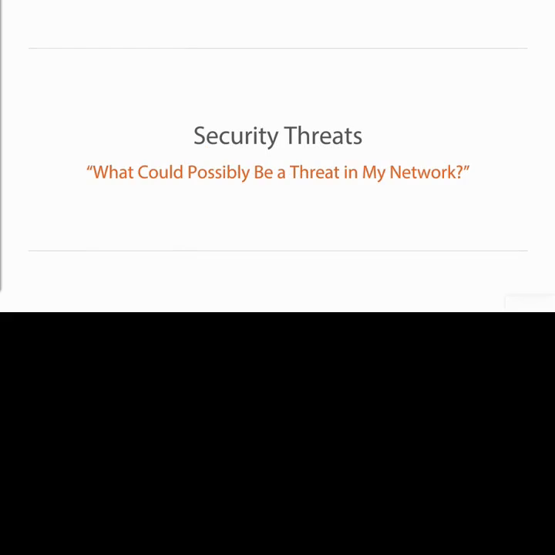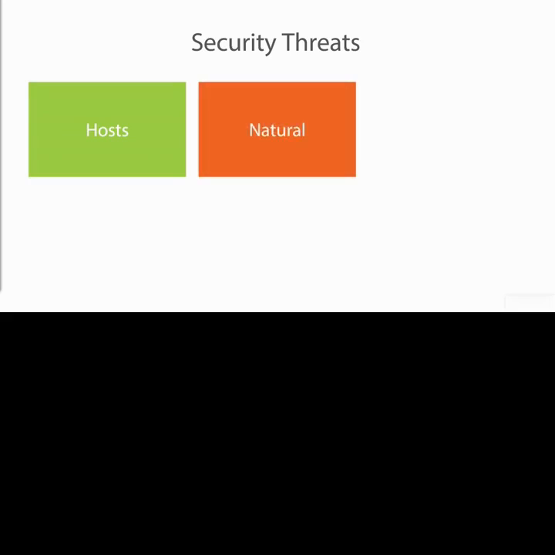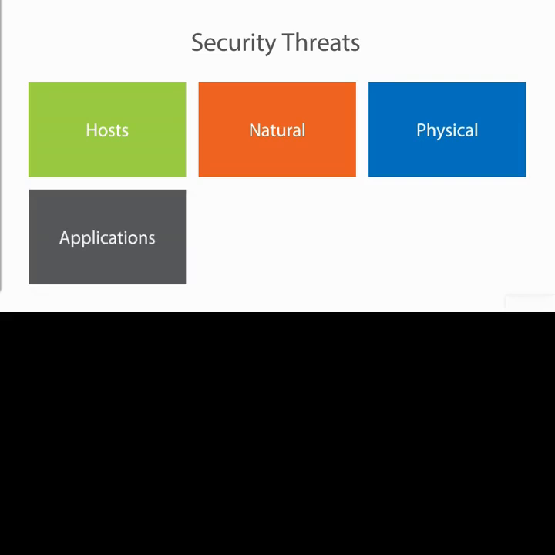So let's start with the security threats, or as I like to call it, what could possibly be a threat on my network? I know, that's what you were thinking, right? Well, we'll go through and make sure you understand that there are several different items that can create threats in your environment. One of them would be hosts. Another would be possibly natural threats. We'll also take a look at physical threats that get created, as well as application threats.